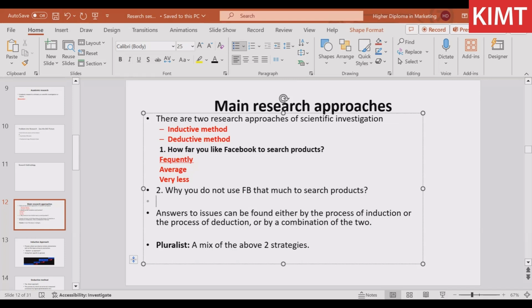Because I would prefer to read books rather than using Facebook. What is wrong with Facebook? Let's see, we are doing research. Okay, I'm a researcher now.